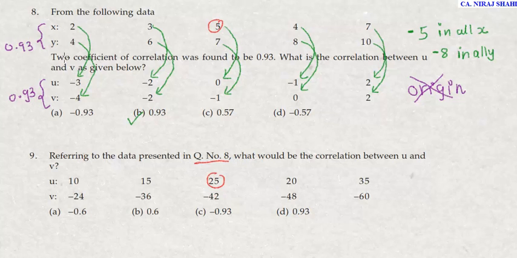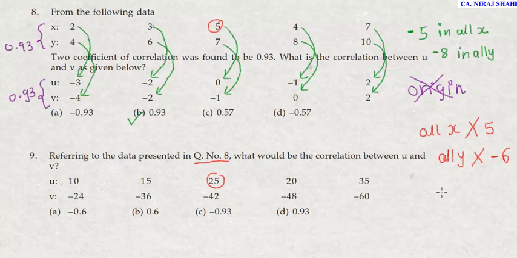And to transform y into v, they have just multiplied it by minus 6. So here all x have been multiplied by 5 and all y have been multiplied by minus 6.